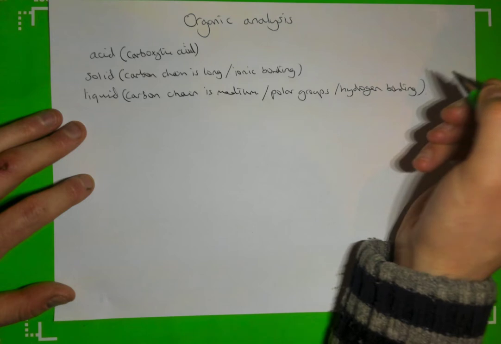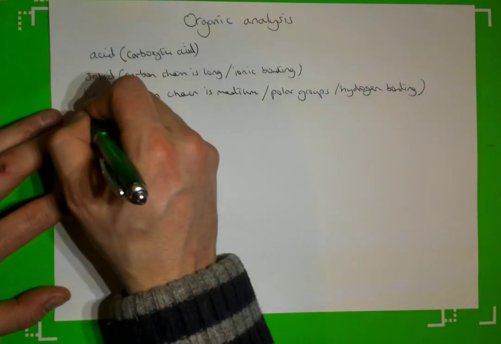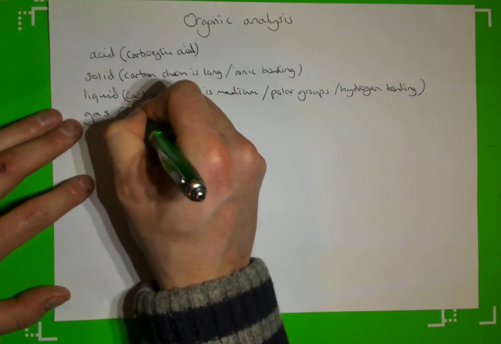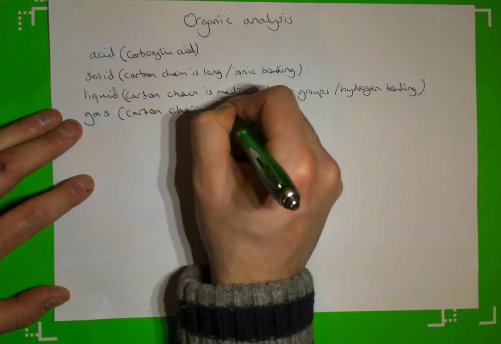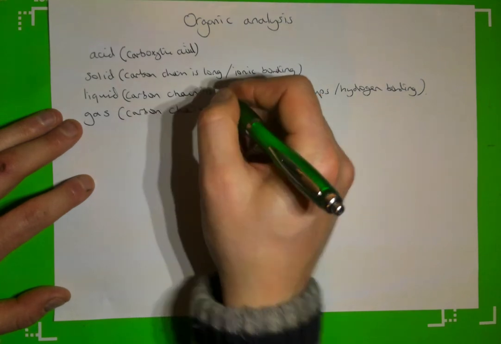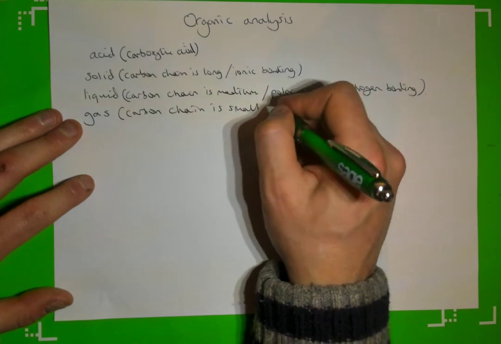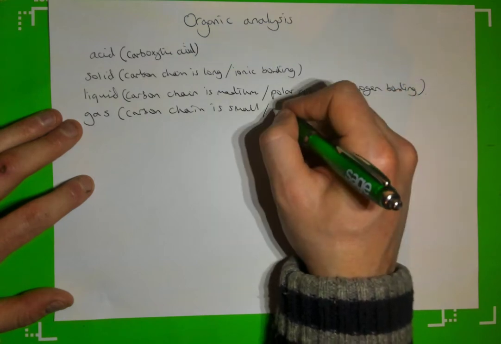For example, a carboxylic acid has hydrogen bonding between the molecules. Or if it's a gas, that would suggest that the carbon chain might be small, or the chain has little or no polarity.